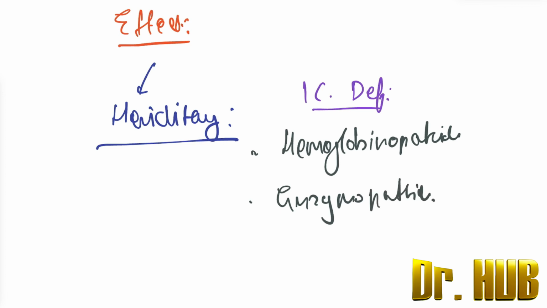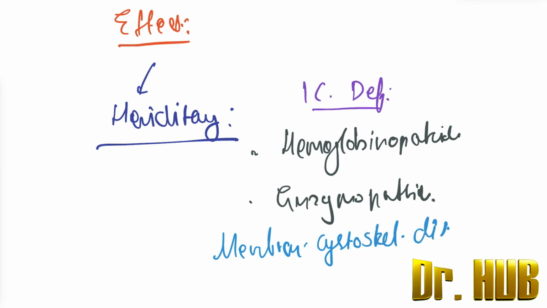Next is the membrane cytoskeletal defects, so they may be membrane cytoskeletal disease. So there can be hemoglobinopathies, enzymopathies, and the membrane cytoskeletal defects.